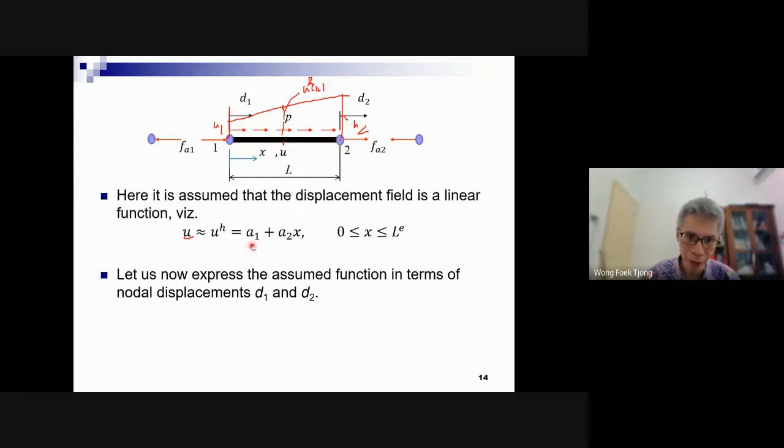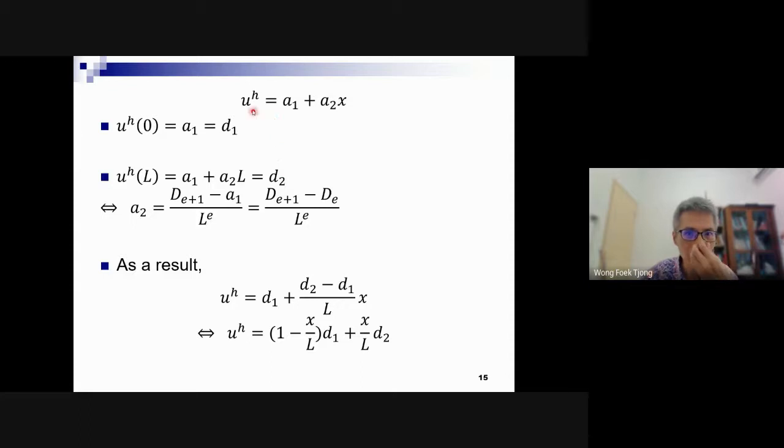We should express A1 and A2 in terms of D1 and D2. That's our task. So we have these assumptions of displacement. Using these assumptions, at node 1 on the left, that's x equals 0. If we plug this into this equation, it becomes A1. But u at 0 is nothing but D1, the degrees of freedom at node 1.